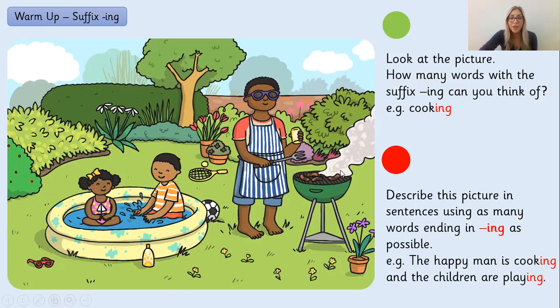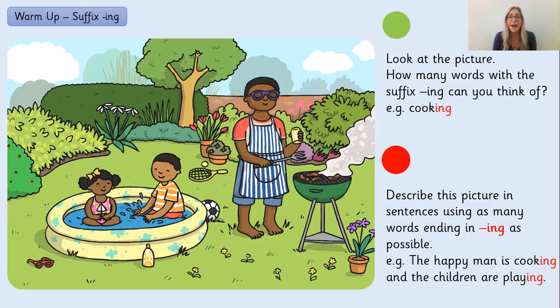Cooking, splashing, see if you can think of any more. And then for the red challenge, you are going to describe this picture in sentences using ing as well, but again, writing in sentences. So for example, you could have the happy man is cooking and the children are playing. You could say the boy is splashing.